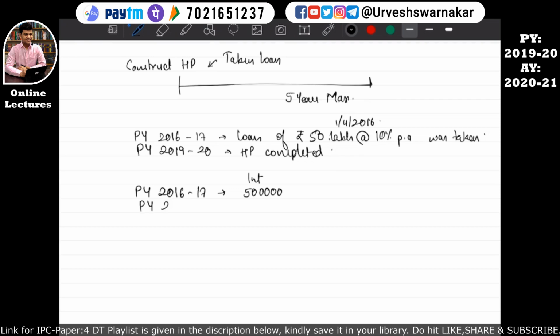Similarly, for the previous years 2017-18, 2018-19 and 2019-20, if you can see, the house property is completed within 5 years, but the interest will be charged in the previous year 2017-18 also, 5 lakh. Similarly in the previous year 18-19 the interest will be 5 lakh, and in the previous year 19-20 again 5 lakh will be charged.